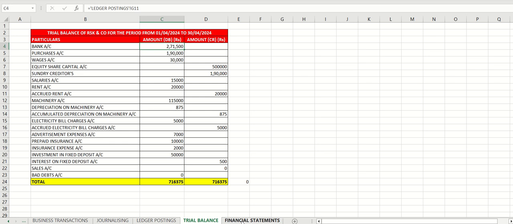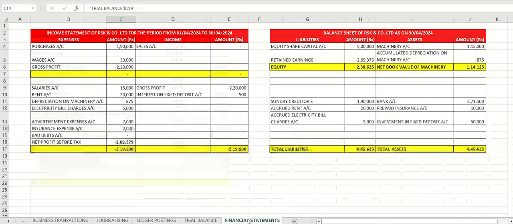Now let's move to the financial statements and try to understand whether these are being correctly reported, and how the balances are getting reflected in the income statement and the balance sheet for this particular business transaction.